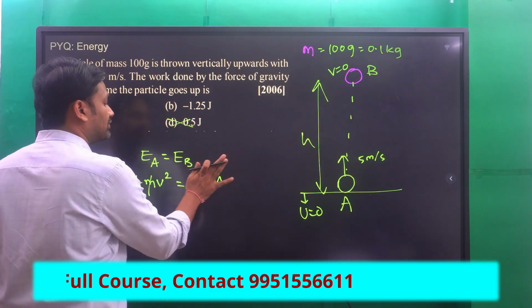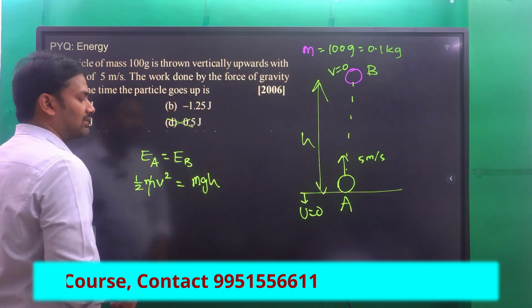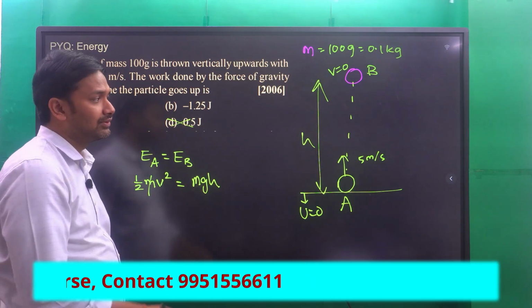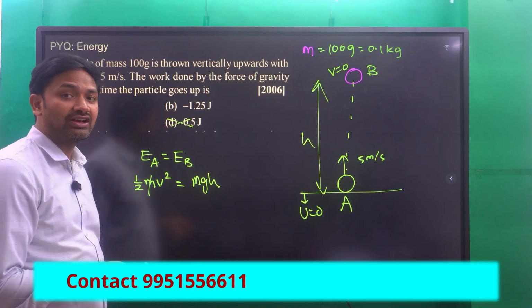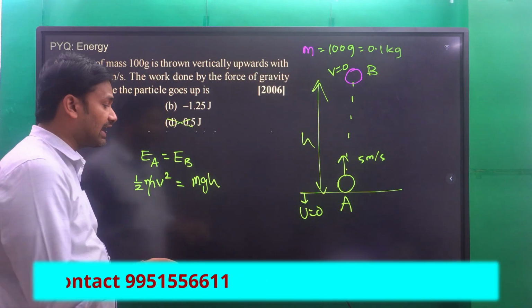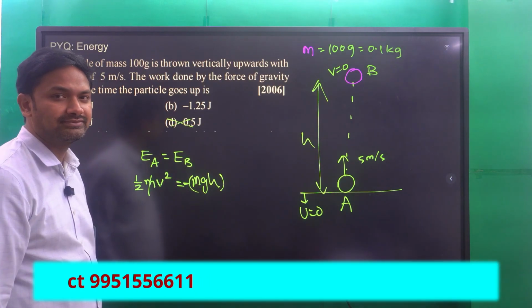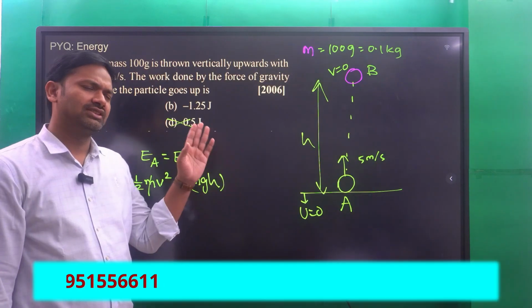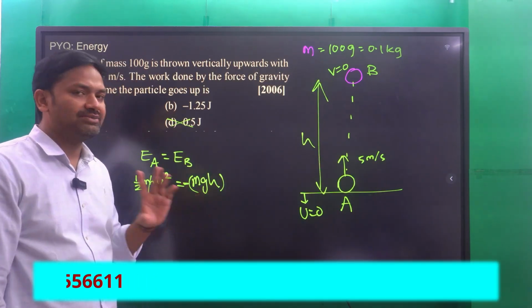We should find out the work done, right? So this is the work done. But if we are asked to find out the work done by the gravity, we will put minus symbol here. Work done by the applied force is mgh. Work done by the gravity is minus mgh.